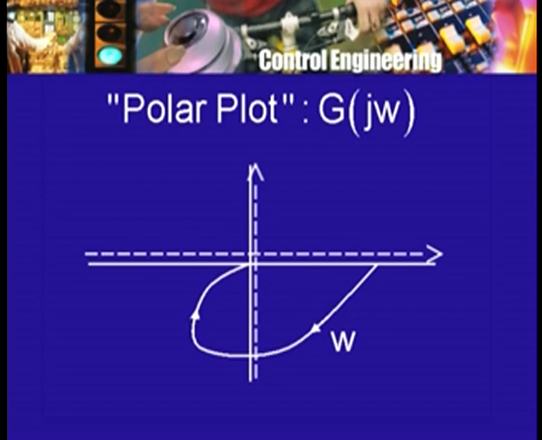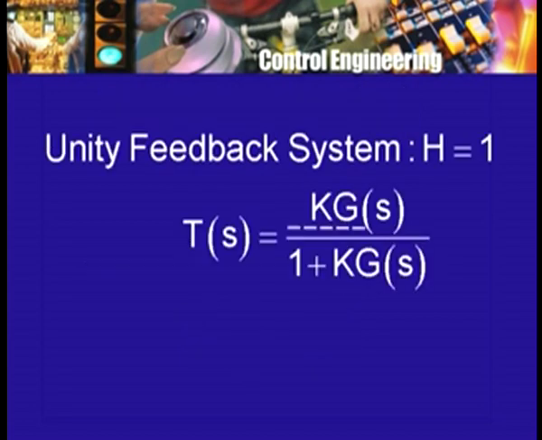Remember, this is the complex plane, which is the complex number G(j omega). So, if this is for some value of omega and I want to find out T(j omega) at this point, what I have to do is take this complex number, that is G(j omega) here, multiply it by the gain K which I have selected, whatever is the value of gain K, and then add 1 in the denominator and calculate this, then take the absolute value and the argument of this whole number.